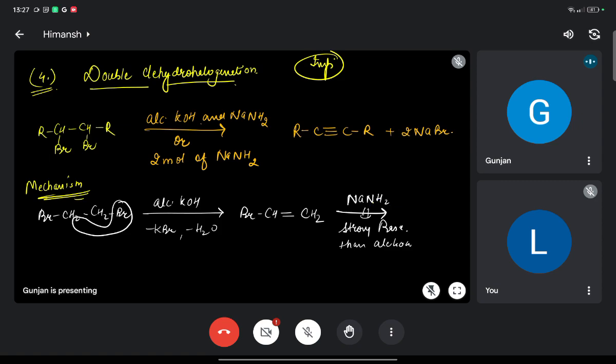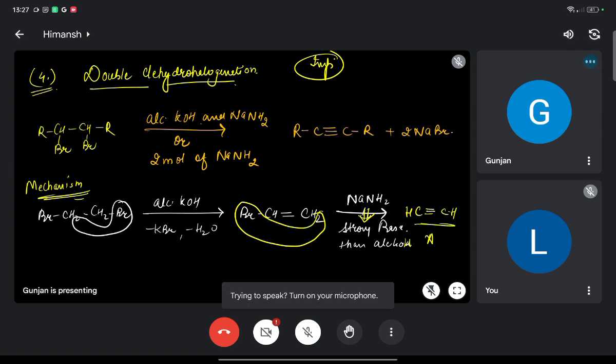Himansh? Yes, ma'am. This is the reason we are removing this second hydrogen from this alkene. Again we are getting a triple bond in between CH. Alkyne.